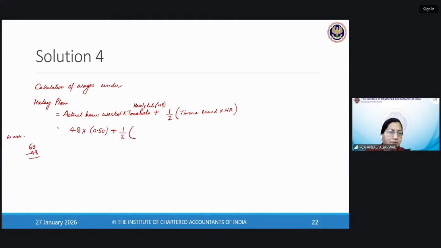Time saved is standard hours minus actual hours, 12 hours. So 24 plus half of 6, that is 24 plus 3, he would get 27 rupees under the Halsey plan.